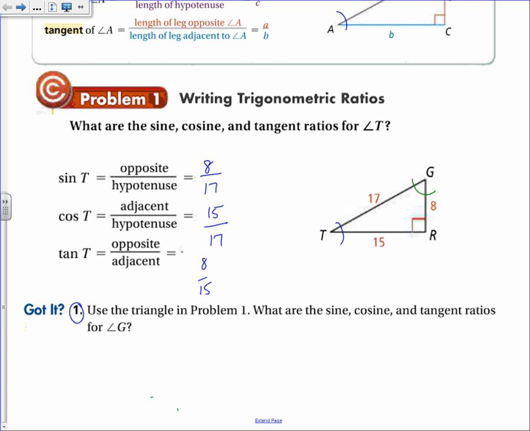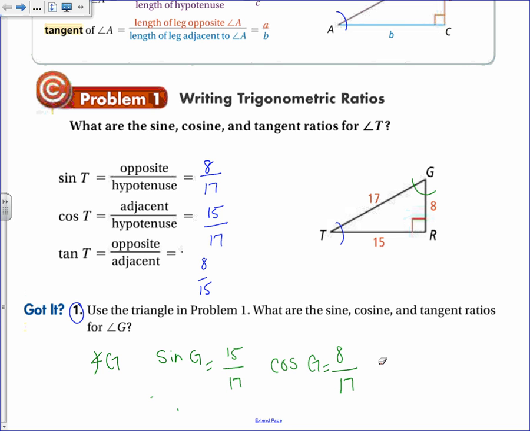Okay, so for angle G, the following are true. The sine of G is the opposite of G, which is 15, over the hypotenuse, which is 17. The cosine of angle G will be the adjacent, which is 8, over the hypotenuse, which is 17.